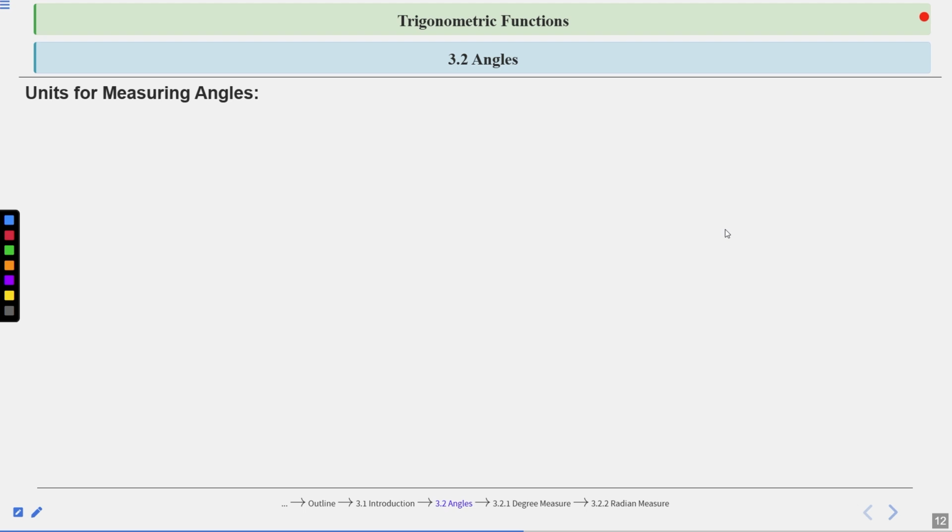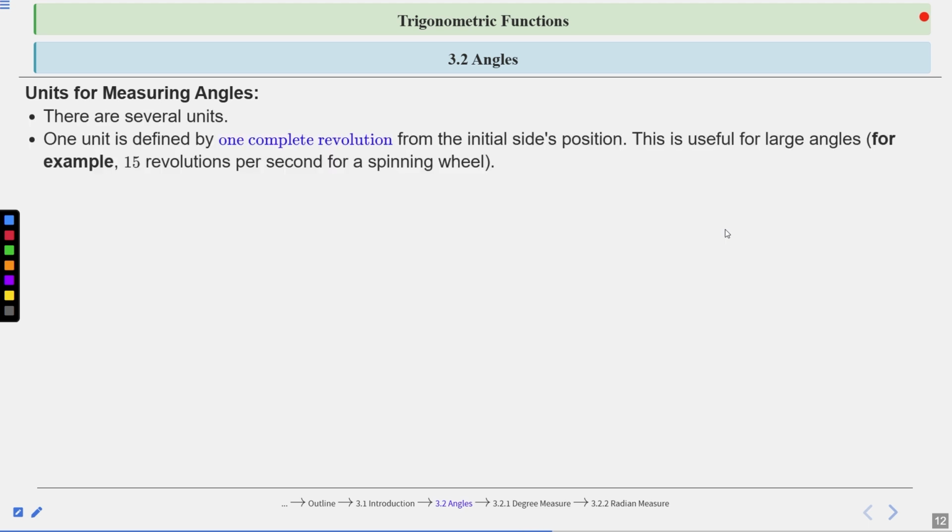Now, units for measuring angles. What are the units we are going to follow? There are several units. One unit is defined by one complete revolution from the initial side's position. This is useful for large angles. For example, 15 revolutions per second for a spinning wheel. Simple.